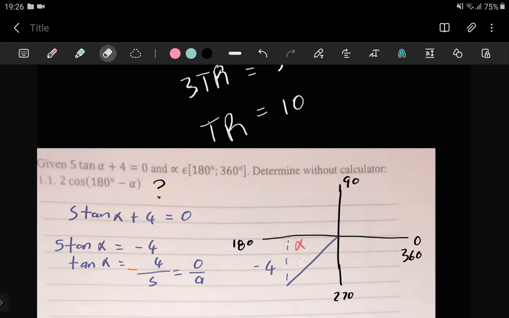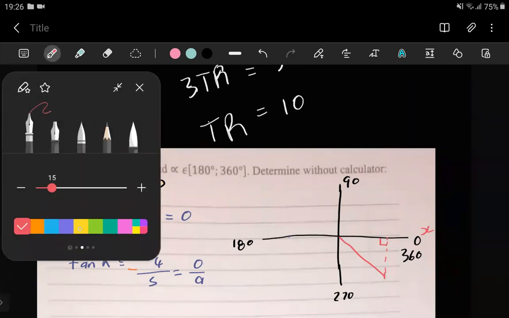So from there, you will know your triangle has to be here. You'll always draw your dotted line to the x-axis, always and forever. When I say always and forever, I literally mean always and forever.